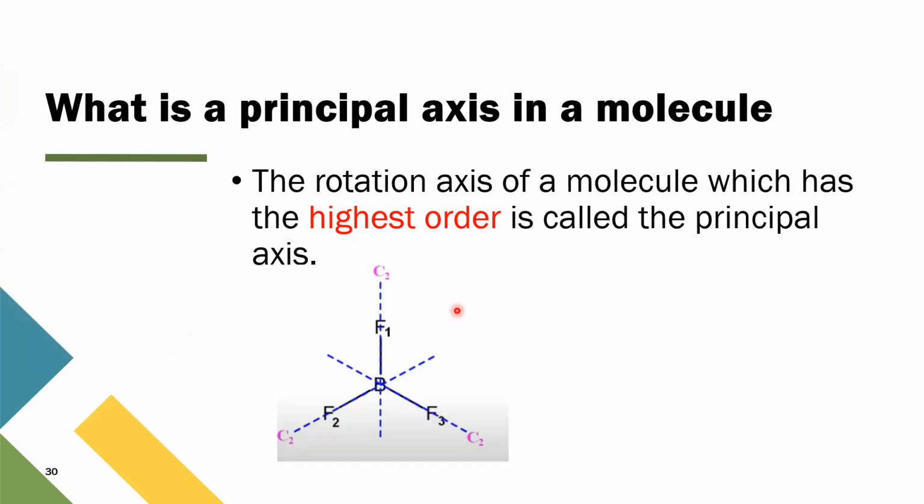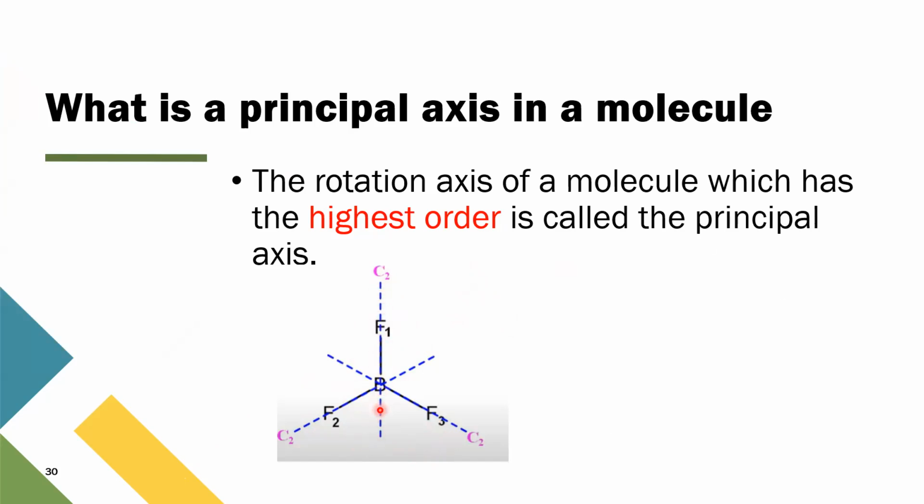Now you see, here the BF3 molecule, the planar molecule, is drawn like this, the two-dimensional structure. Along this BF1 bond, we have a C2 axis.